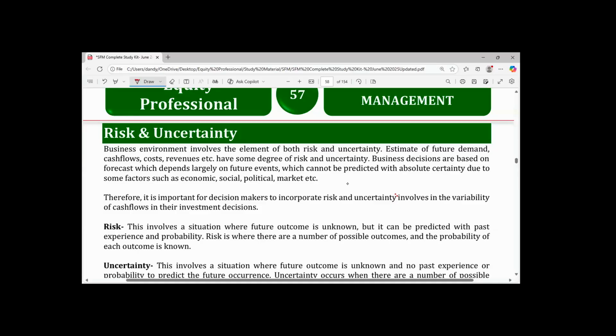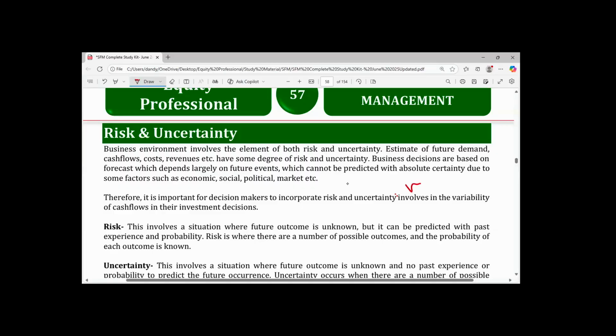As an investor, you may anticipate that you are going to earn a 10% return on your investment. Due to market conditions or economic factors, you may not earn the 10% you anticipate, maybe less. The actual may be different from what you projected to achieve. That's a risk.